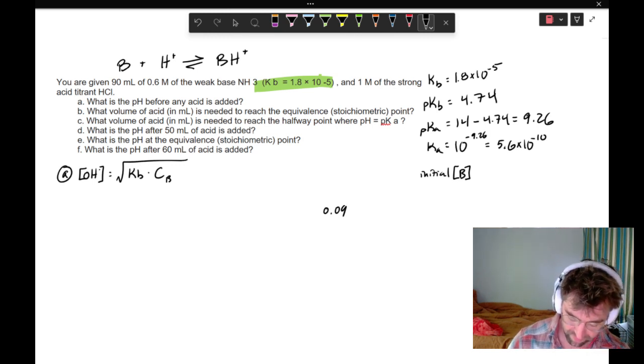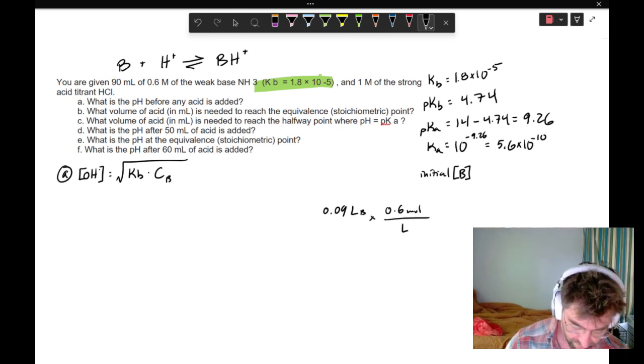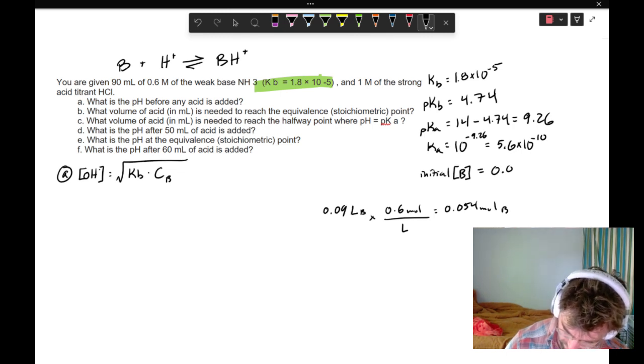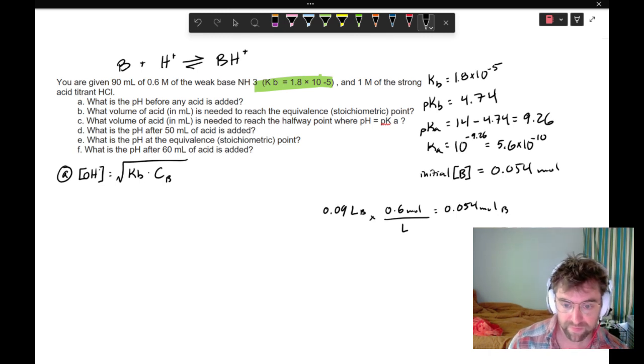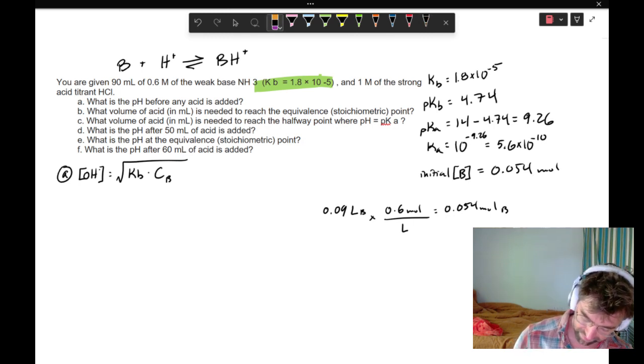We had 90 milliliters of base at 0.6 moles per liter. Gives us 0.054 moles of base. Okay, so that's our initial.